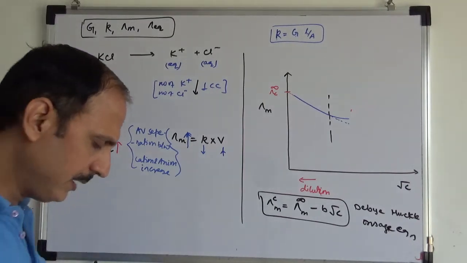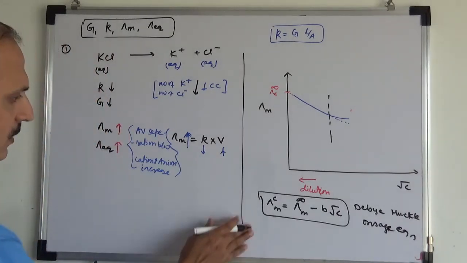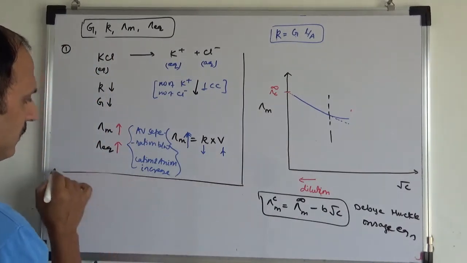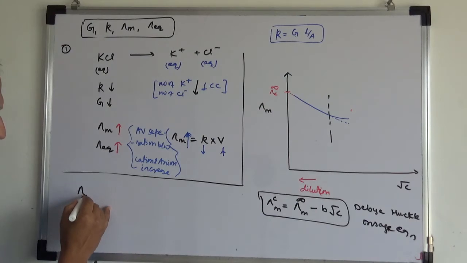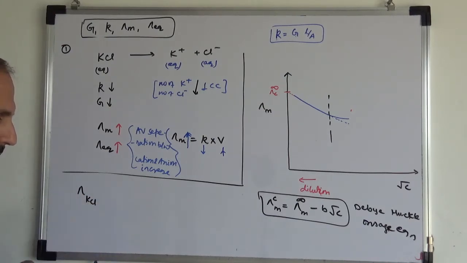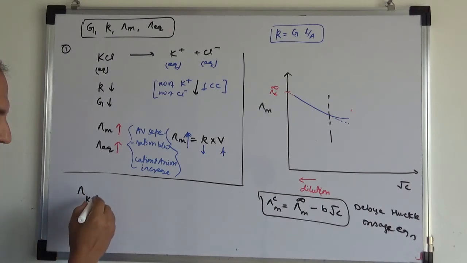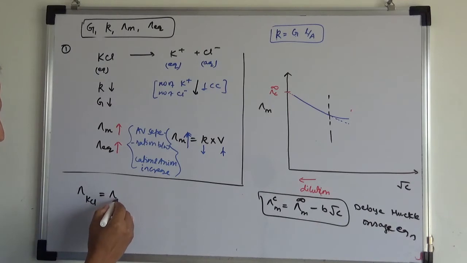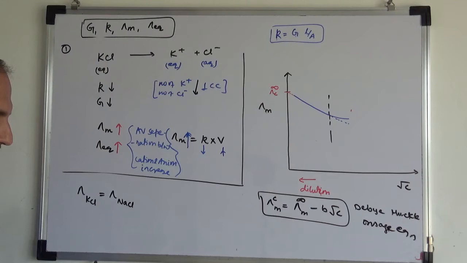Here, if I just write, can you arrange them? Molar conductance of, let's say, KCl is almost equal to molar conductance of NaCl at a given concentration.